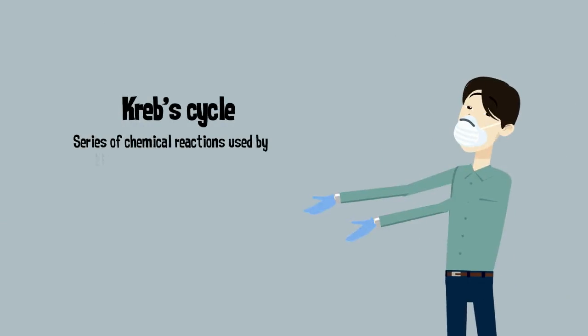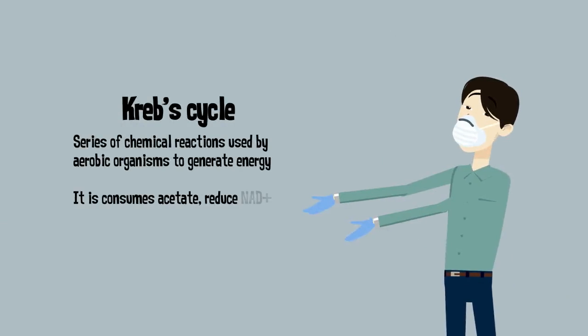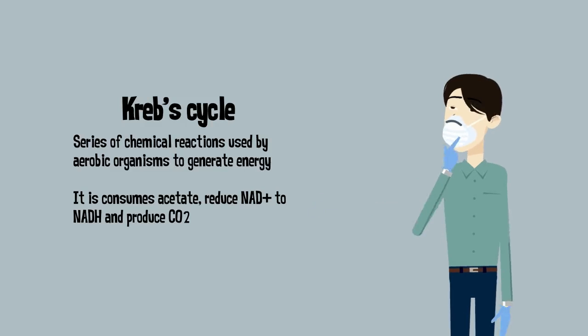So, the Krebs cycle is a series of chemical reactions used by all aerobic organisms to generate energy through the oxidation of acetate, derived from carbohydrates, fats and protein, into carbon dioxide. Theoretically, there are several alternatives to the TCA cycle, but the TCA cycle appears to be the most efficient. The citric acid cycle consumes acetate in the form of acetyl-CoA and water, reduces NAD+ to NADH and produces carbon dioxide.